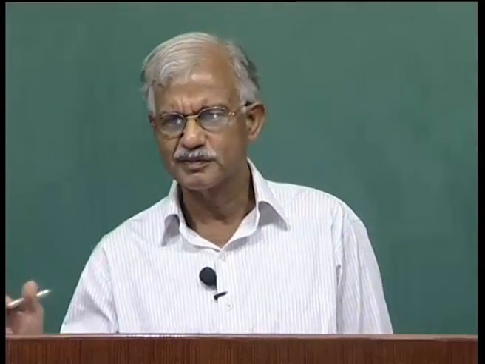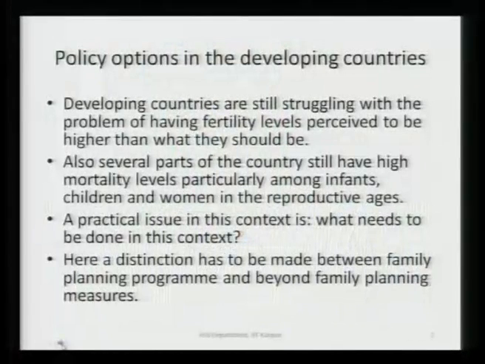Fertility is the main problem, having fertility levels higher than what is desired. In most countries today, the desired level of fertility is the replacement level of fertility, 2.1, but in developing countries most of them have total fertility between 3 to 5.